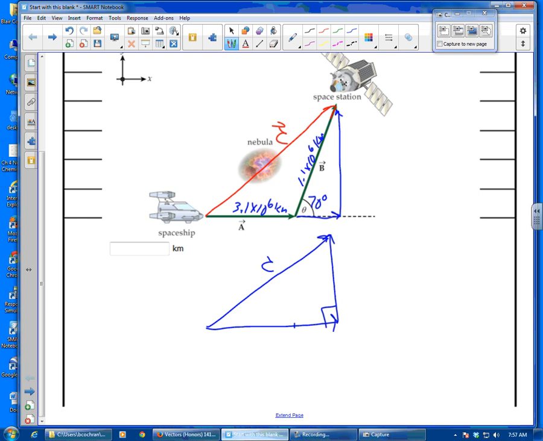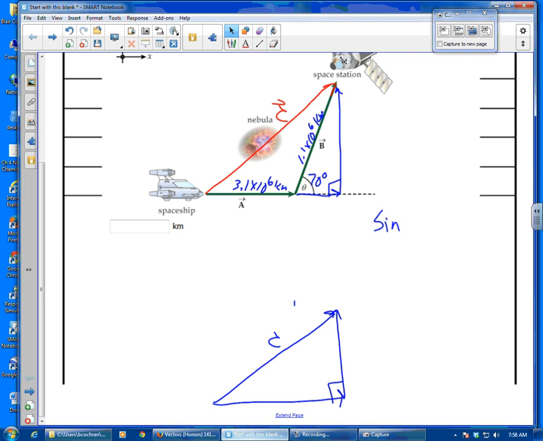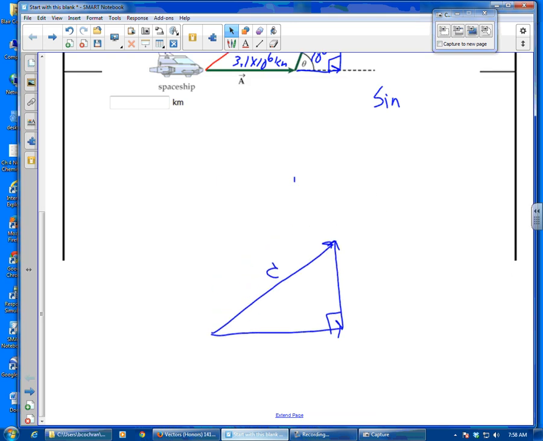All right, so I have a right triangle here with B, so I'm thinking SOHCAHTOA, right? I'm going to move one thing down to give a little more room.